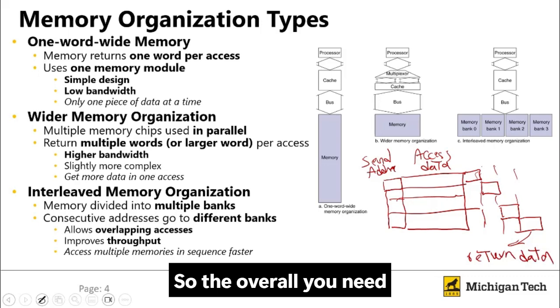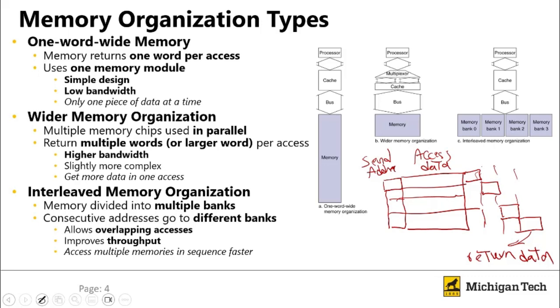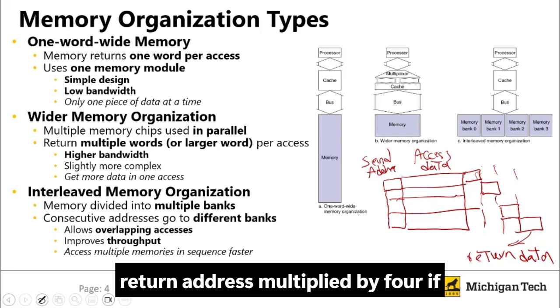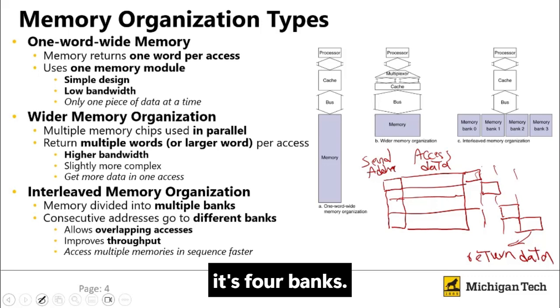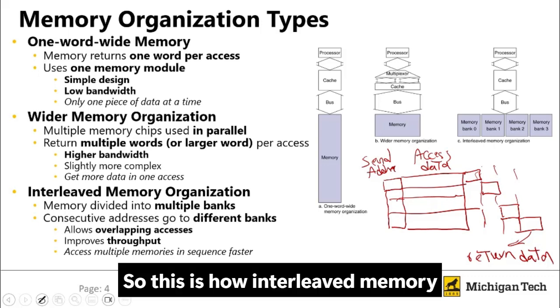So overall, you need to add sending the address one time, accessing data one time, but return data multiplied by 4 if it's for 4 banks. So this is how interleaved memory works.